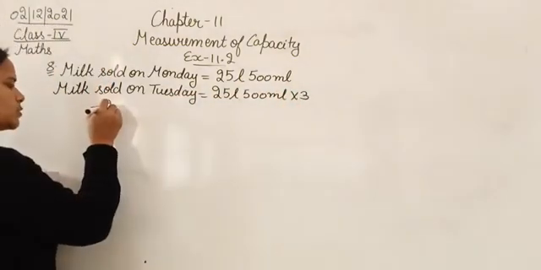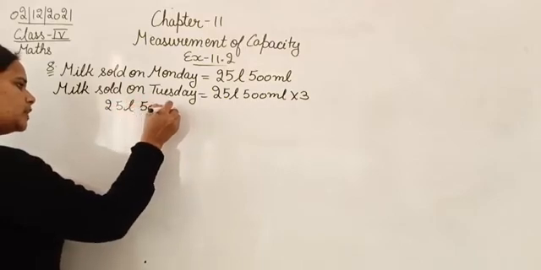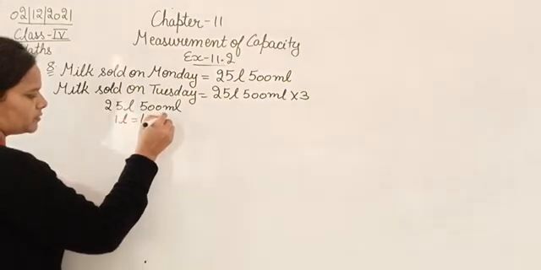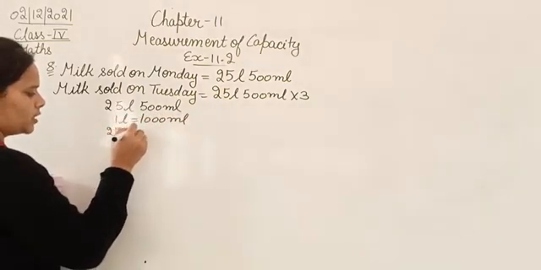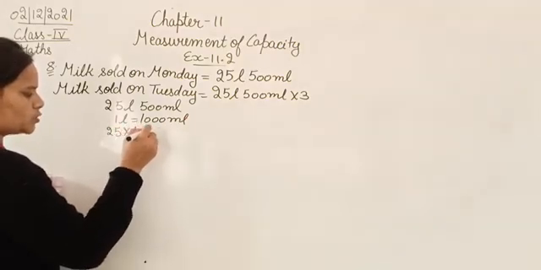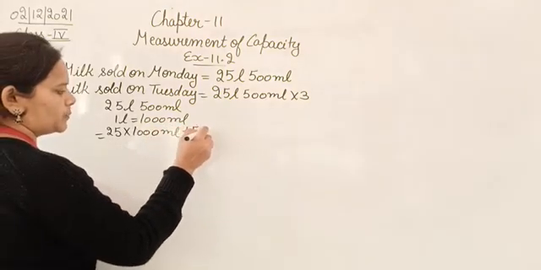So let's calculate 25 liter 500 milliliter. 1 liter is equal to 1000 ml. So 25 will be multiplied with 1000 to convert it into milliliter. Plus 500 is already milliliter.